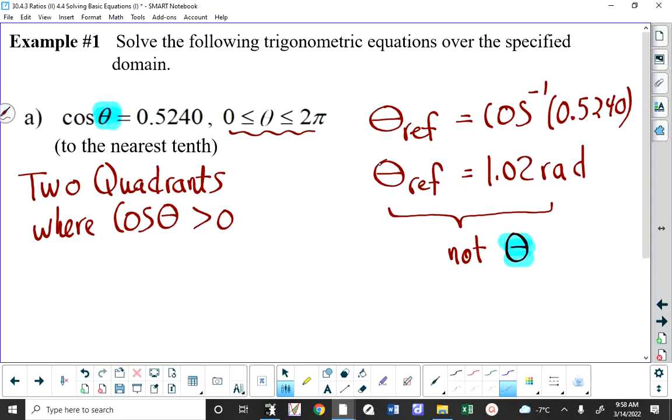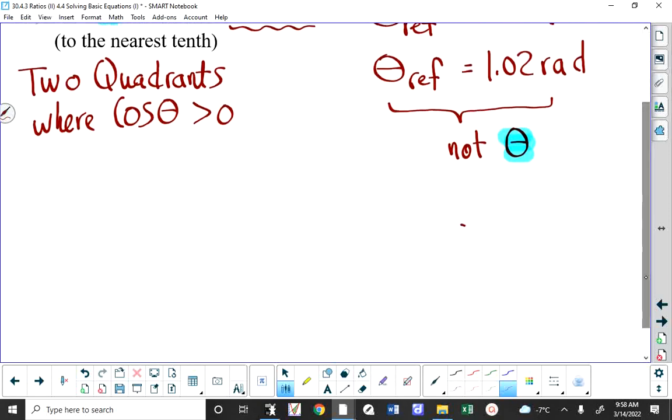So why am I saying where is cosine positive? Because look at the equation. The equation says cosine of theta is this positive number. So cosine is positive. In which two quadrants is cosine positive? Well, it's positive wherever x is positive, so that's quadrant 1 and 4 over here. And we draw each of these situations.